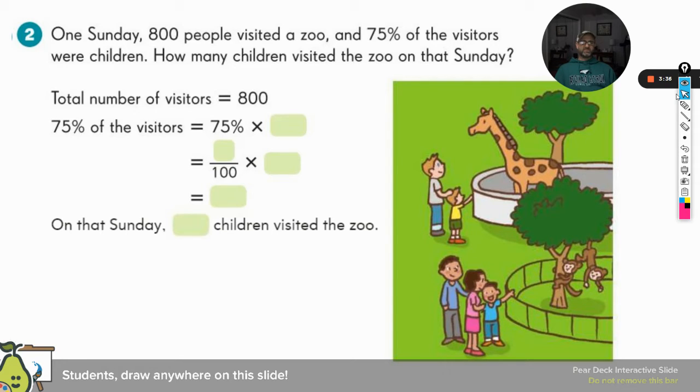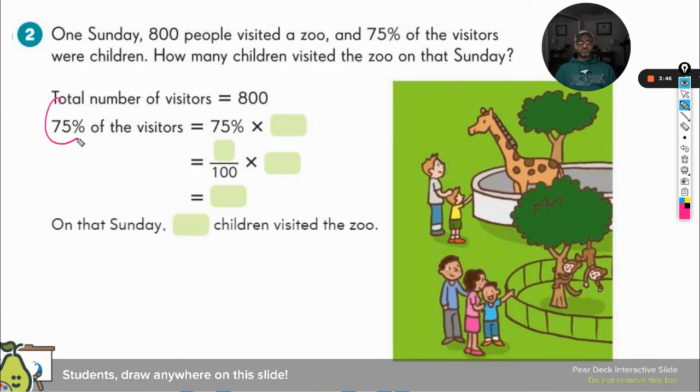On Sunday, 800 people visited a zoo, and 75% were children. How many children visited the zoo that Sunday? So you could do all this, but hopefully you're getting to the point where you recognize 75% also equals 3/4, and you can figure out 3/4 of 800.